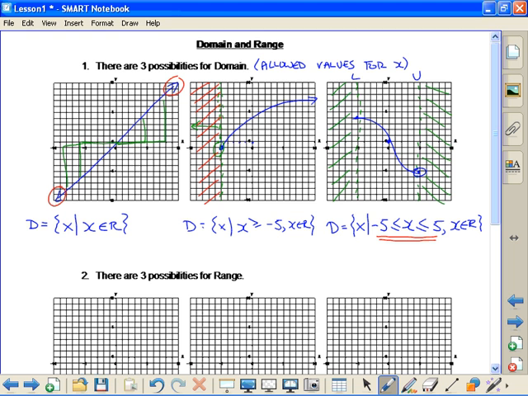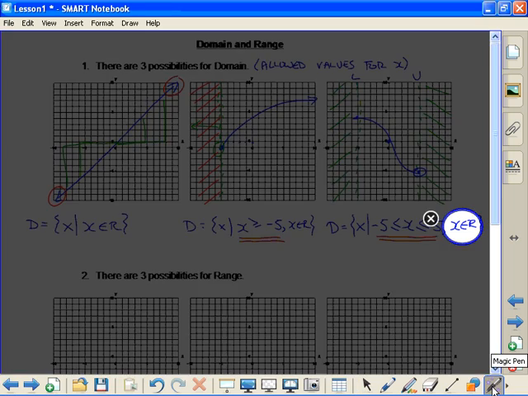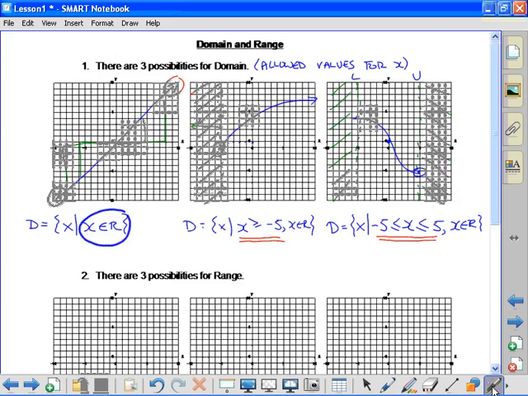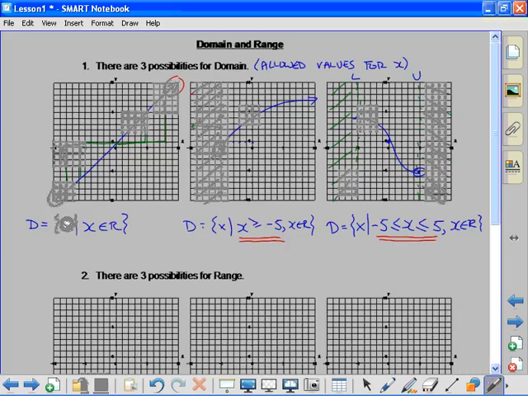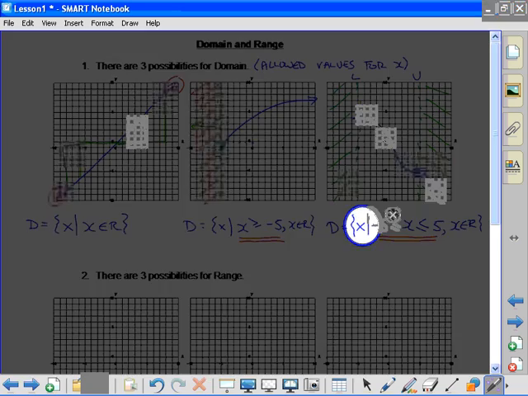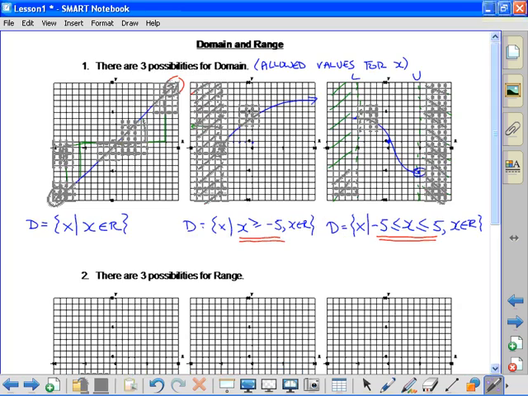This tells you where X is, and in the first one I said there is no condition. You'll notice though that the X element of R is the same in each case, okay? No matter what type of domain you have, there's always the X element of R. Similarly, you have X such that, and that vertical bar means such that, okay? So there are your three possible domains.